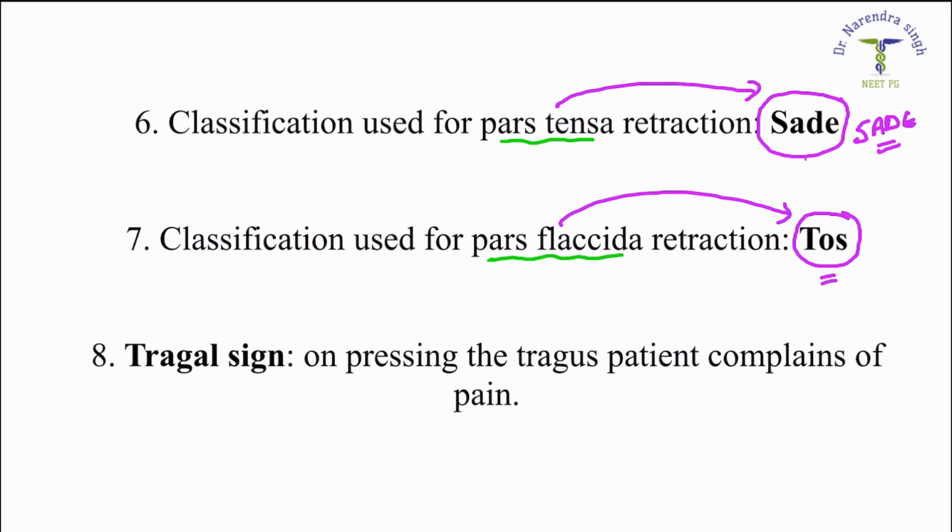Now going on to question number 8: what is tragal sign? If we press the tragus of the patient inwards, the patient will complain of pain, and the sign is positive in case of otitis externa.